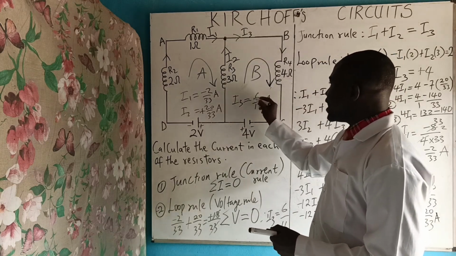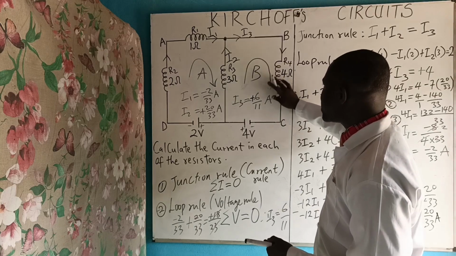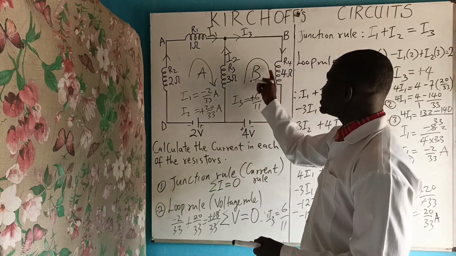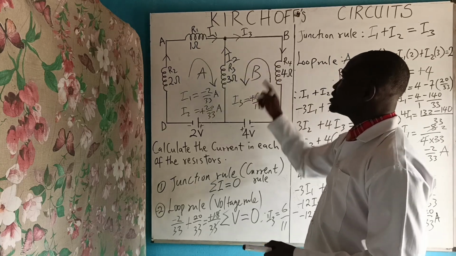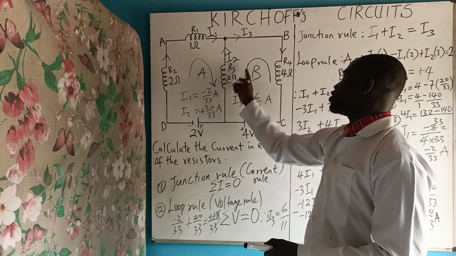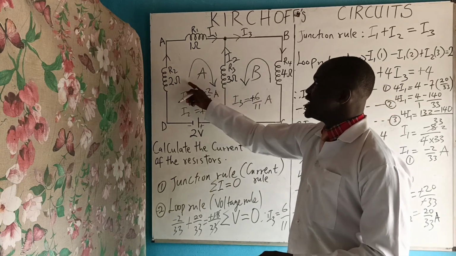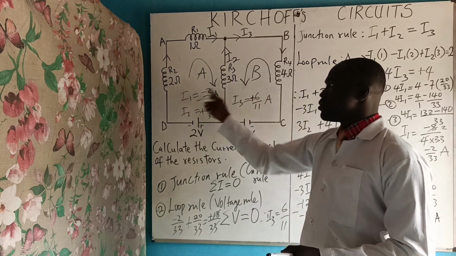But here is positive and here is positive, and so we will not change the direction, because positive means it's in opposite direction with this current, so we leave it like this. I2 is opposite in direction with this loop, so this is correct. This one minus means it is in the same direction with the current I1, so it has to be minus.